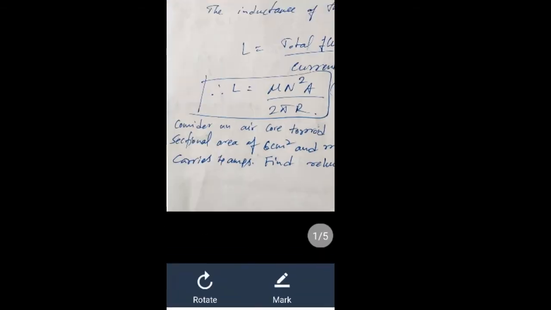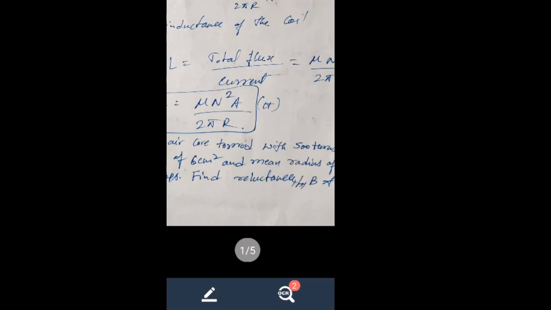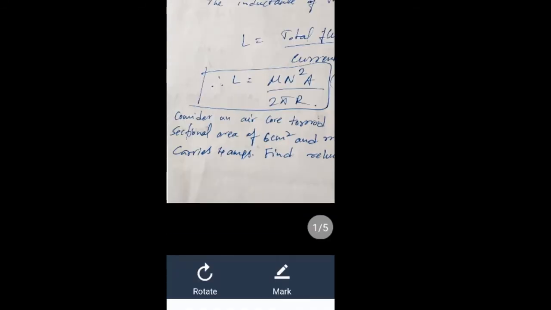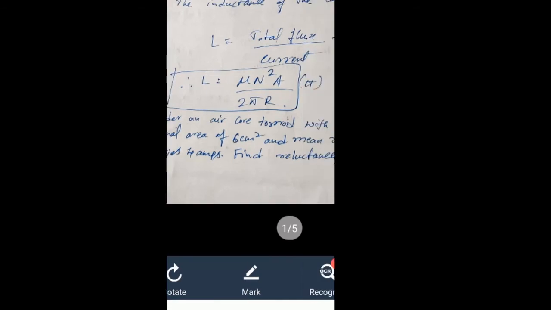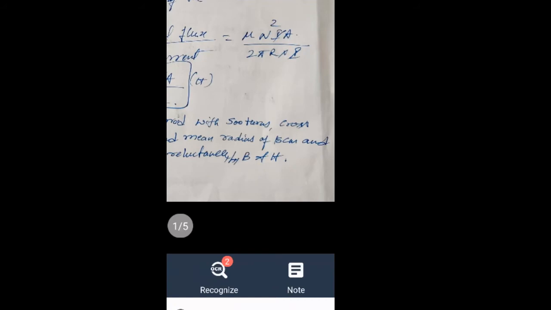You please take the problem pertaining to finding inductance of toroidal core. Consider an air core toroid with 500 turns, cross section area of 6 centimeters squared, and the mean radius of 15 centimeters, and carries 4 amps.